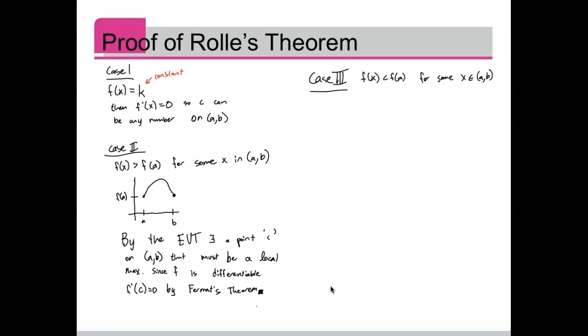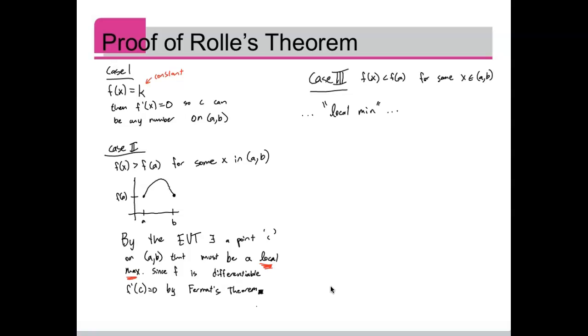And the proof is going to be the exact same as the proof for case 2, except instead of a local max, the extreme value theorem will say that there must be a local min. But everything else is the exact same, so there must be a local min, and since it's a differentiable function, at that minimum, the derivative must be 0 by Fermat's theorem.